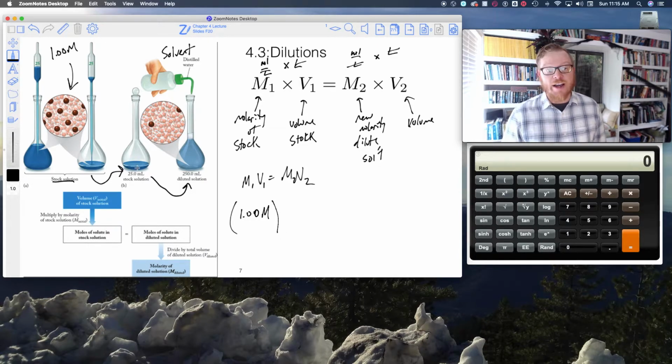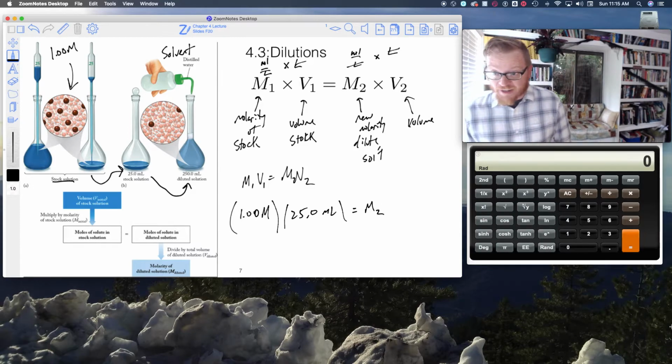And again, as long as both of these volumes, V1 and V2, are the same unit, that's okay. It doesn't have to be liters or gallons or whatever, as long as they're both the same. All right. So V1 here was 25.0 milliliters.